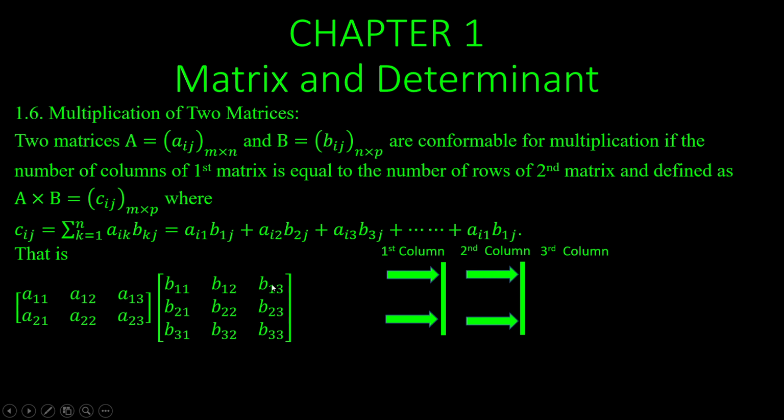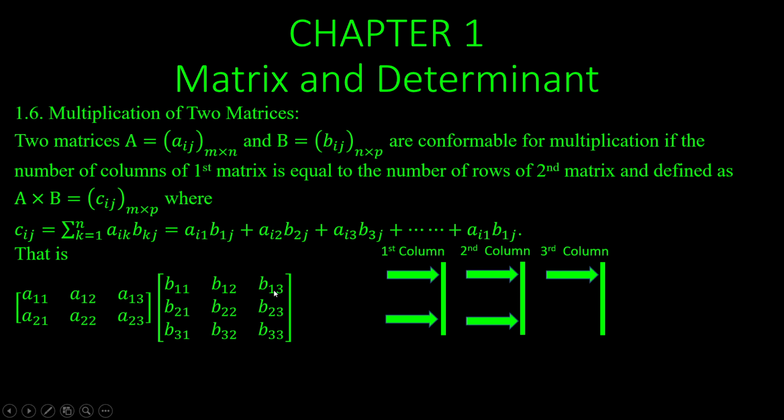Now we have to multiply all the entries of the third column of the second matrix by the corresponding entries of the first row of the first matrix, and adding those products we get a sum and we put it here.